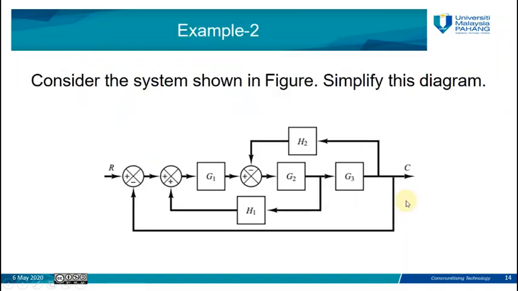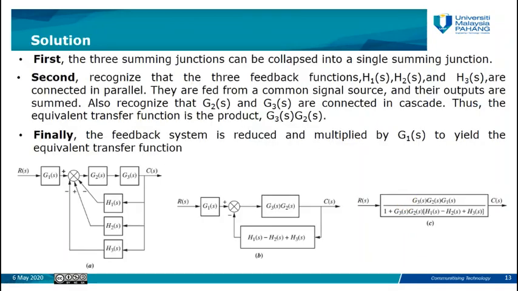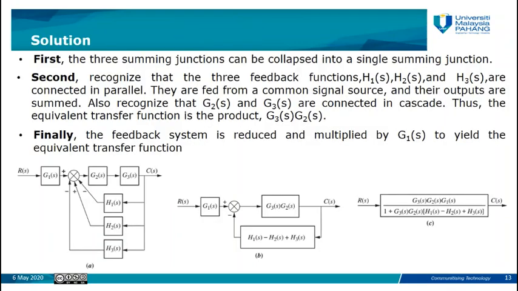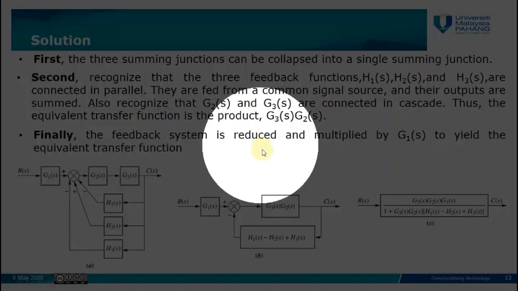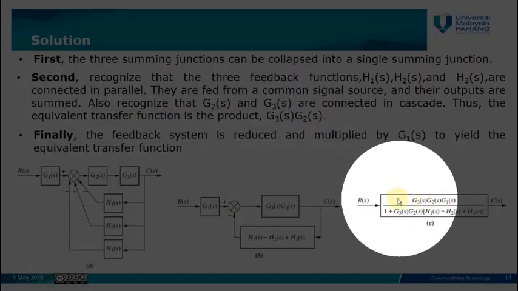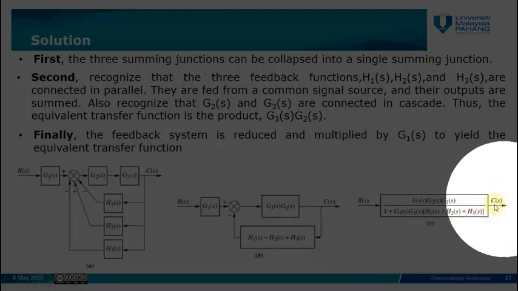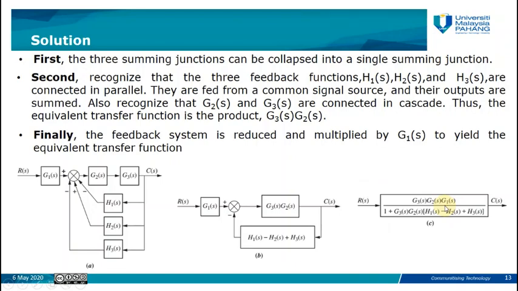Now this system, which consists of multiple blocks, 1 2 3 forward and 1 2 3 backward and 1 2 3 summing junctions, is simplified into this single block with one transfer function, one input, and one output.